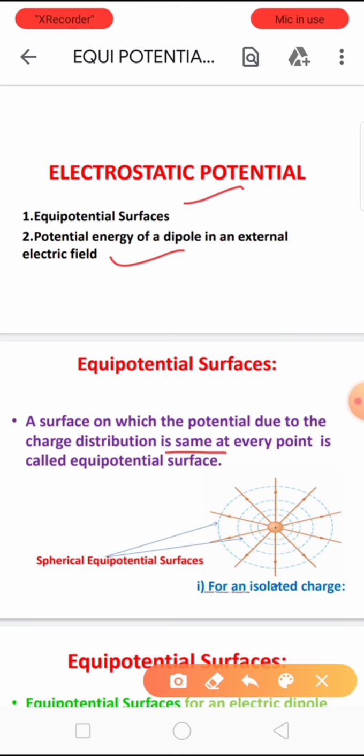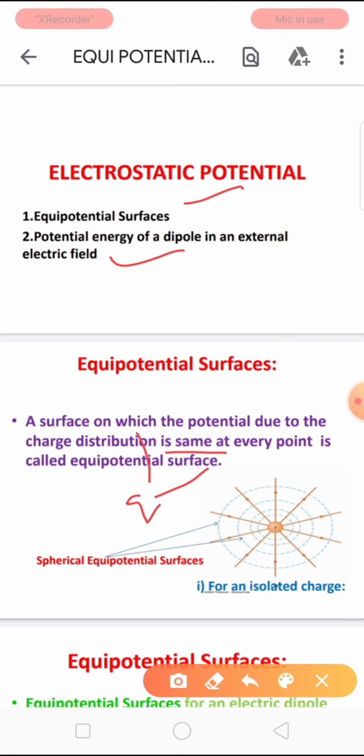These are the equipotential surfaces due to an isolated charge. These blue colored surfaces represent equipotential surfaces and brown color lines represent the electric field. Let's consider Q charge here. At a distance r, the potential is kQ by r.